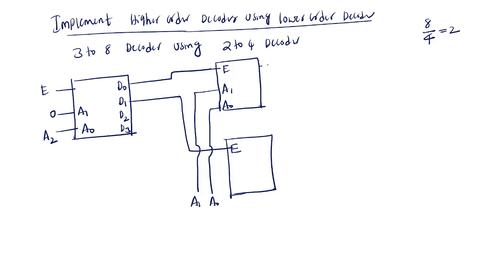Okay, and four outputs D naught, D1, D2, and D3, and here also four outputs. So these are Y naught and so on to Y7. Like this you will implement. Is it fine? Yes, sir.